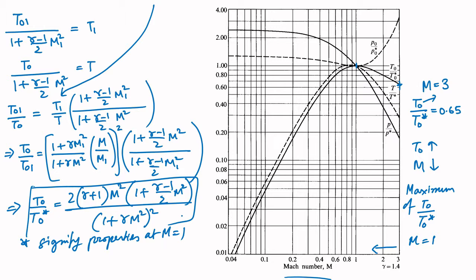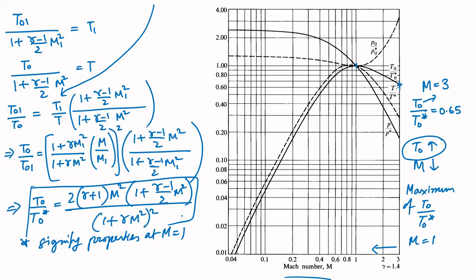So, you see that the immediate consequence of heat addition is that your stagnation enthalpy H0 goes up, which means your stagnation temperature goes up. Suppose this is your combustor entry condition at Mach 3.